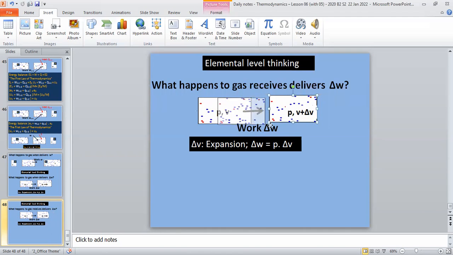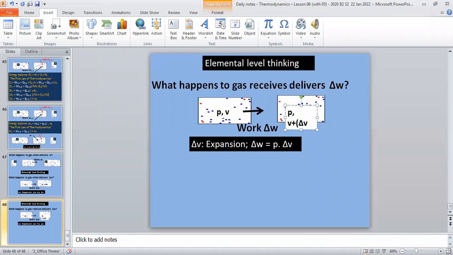Sure, it's a little small. So plus delta V, that's true, but this delta V is a minus value. Actually it is a minus one, because it shrunk. So anyway, we will see. So the work done.